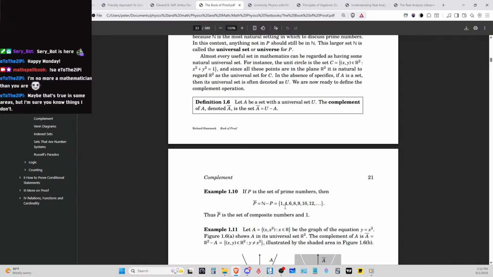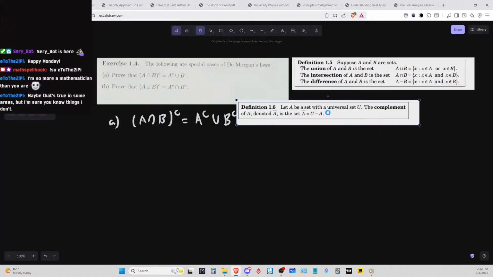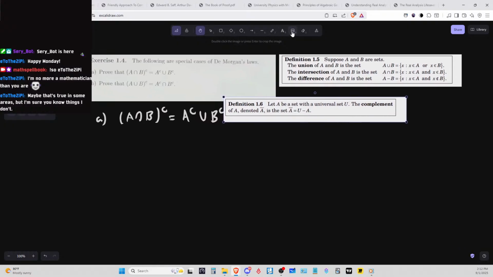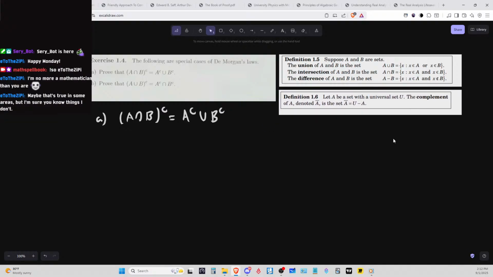Okay, I mean, it's not the primes. It's supposed to be not the primes. It's the natural numbers that are not prime. That's what it's supposed to mean. Okay, so I guess this is a complement. I guess the book is using the dash line on top, whilst I'm using the C version. Okay, so I think those are the definitions we're going to have.